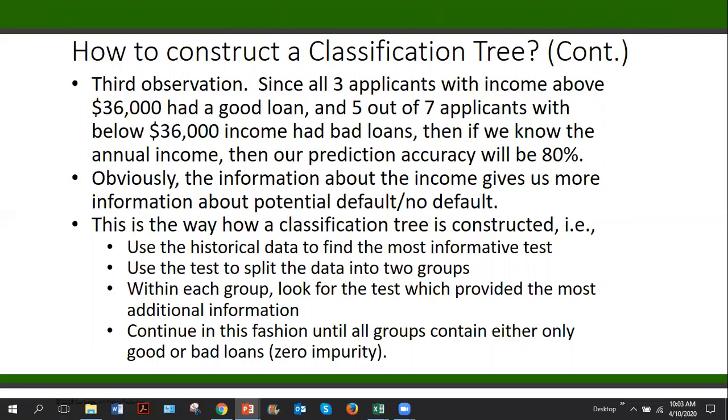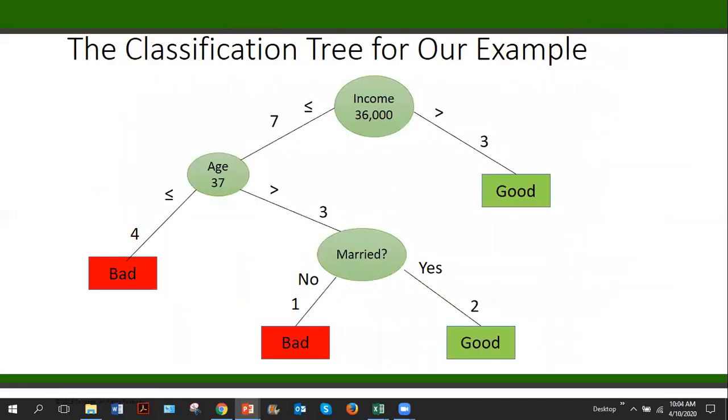But the concept is what I want us to understand: an informative test should be found which will split the data set into 2 subsets with less impurity. And we will continue this process, splitting each set into 2 subsets, until we get down to one object in a class, which means impurity is 0.